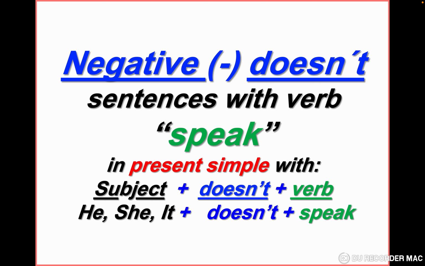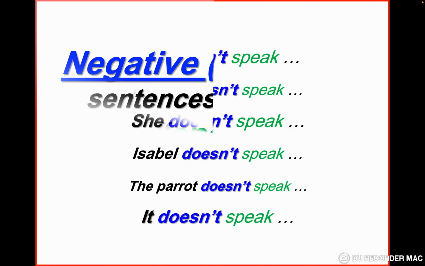Because the students say, oh, the verb with he, she, it takes s. Why doesn't it take s here? Because there is the word doesn't. So when we have the word doesn't, the negative form, the verb remains in the infinitive form without any s. Let's see some examples.